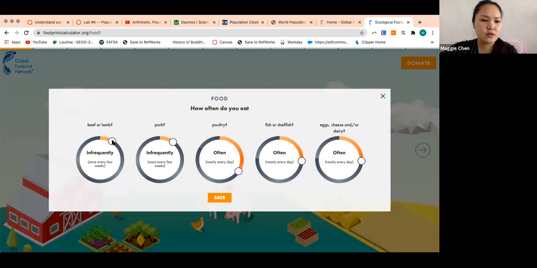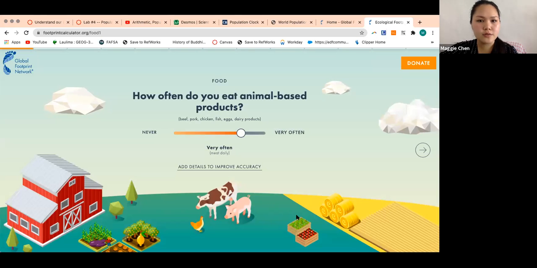Say beef or lamb infrequently, cheese and dairy often, nearly every day, and adjust the details per each section accordingly. And then you can just save your response and go through the ecological footprint that way.